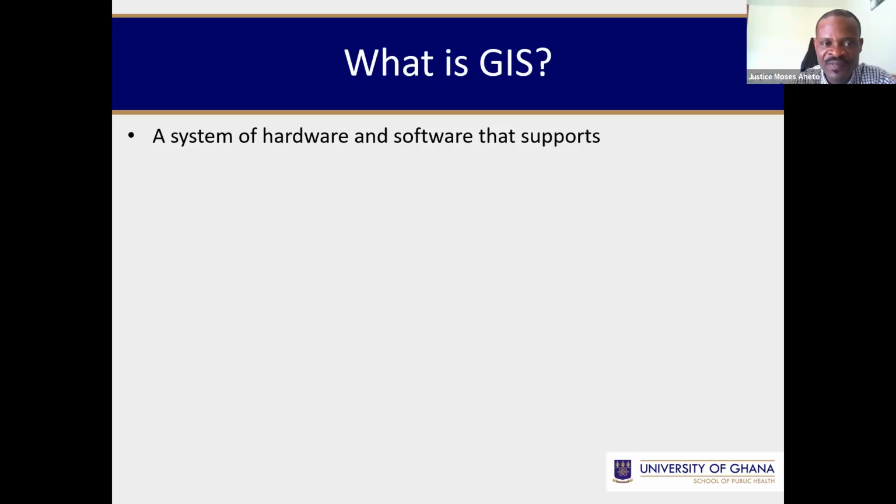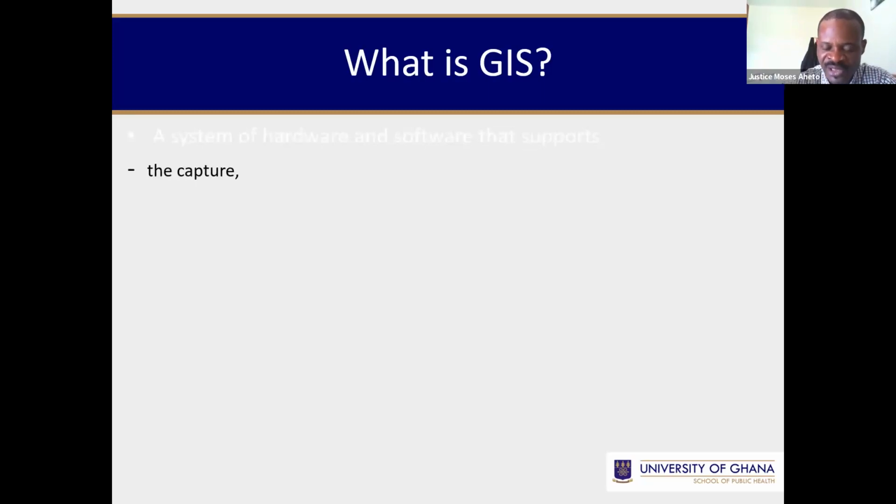So we say the geographic information system is simply a system of hardware and software that supports the capture, that is the gathering, the management, manipulation, analysis, and display of geographic information. That is what GIS is all about.